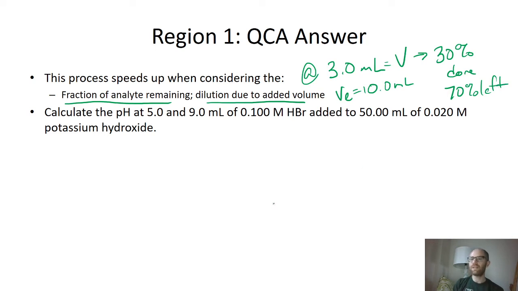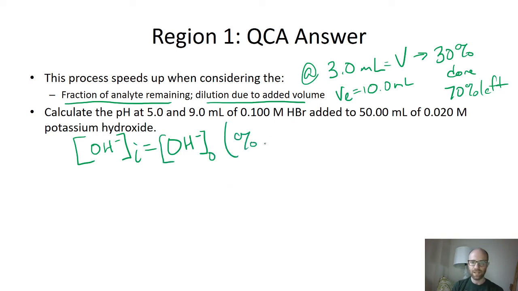So you can almost say that the amount of hydroxide remaining in the solution is 70% of what you started with. But then also you have to consider that adding the 3 milliliters diluted your total volume, so you diluted your total concentration down. So the concentration at any given time should be equal to the original concentration times the percent left times some dilution factor.